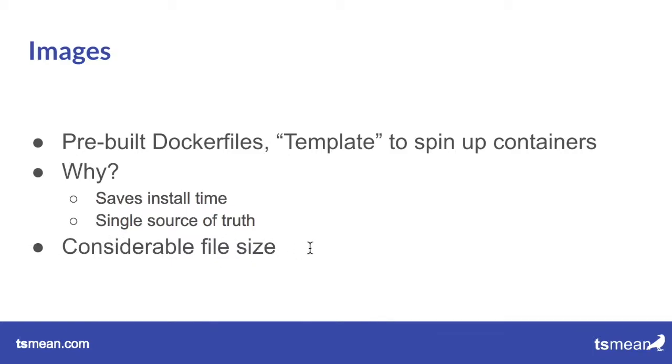But it has a considerable file size, so if you build a lot of images, you will see that you have a lot of gigabytes used on your machine or wherever you have Docker installed to store those images, because sometimes you have Node installations. Sometimes you even install Ubuntu into Docker, and all of those images accumulate and can lead to quite a bit of file size.